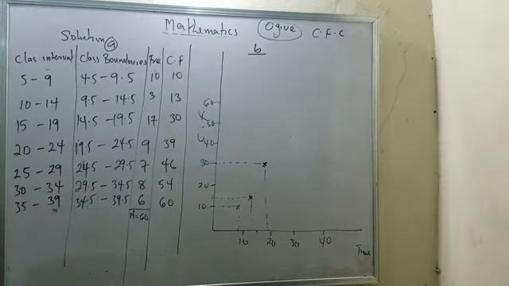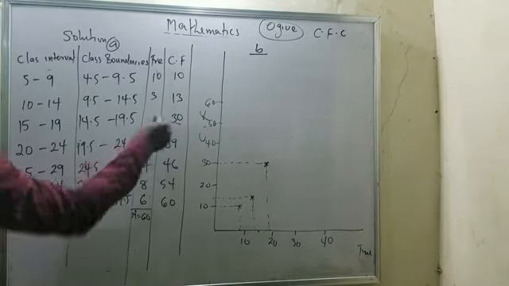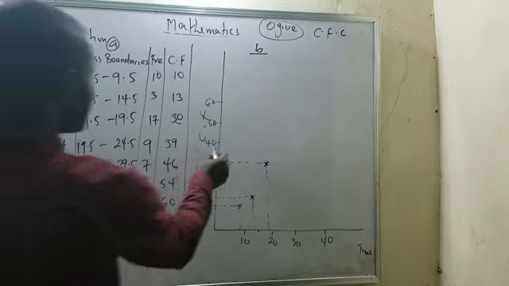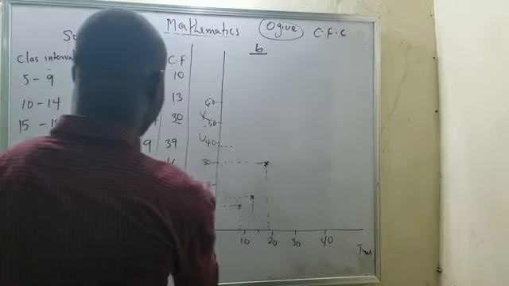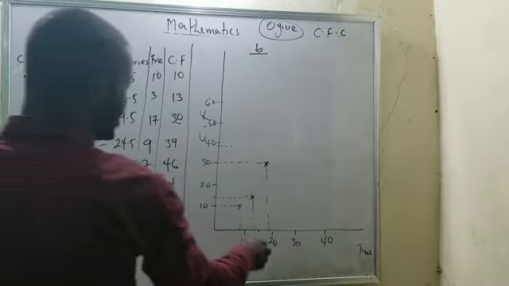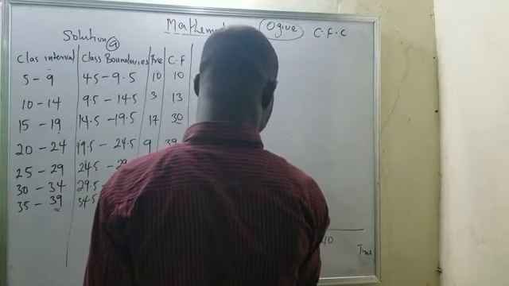Now we can continue. The next one is 39, and my 39 will be here, and this is also 24. It means my 20 and 24 is going up to 25.